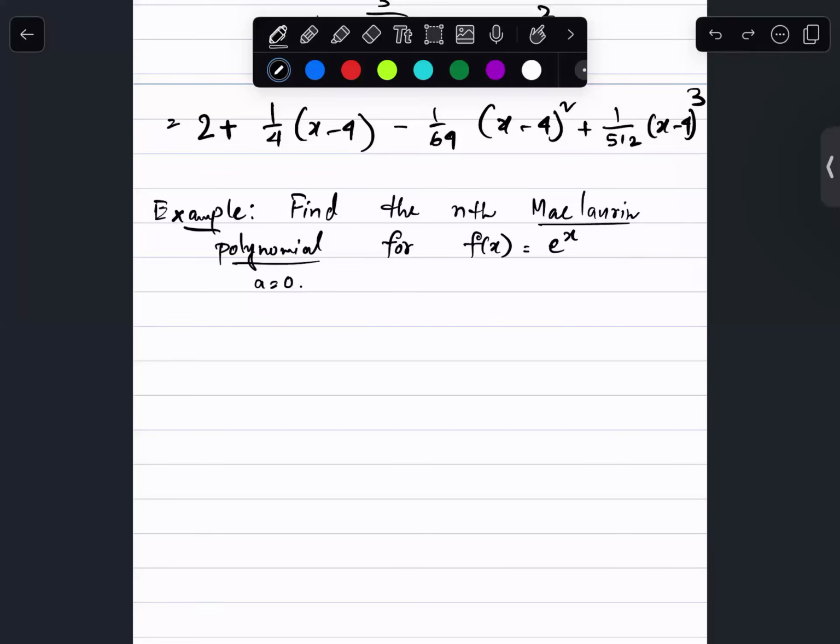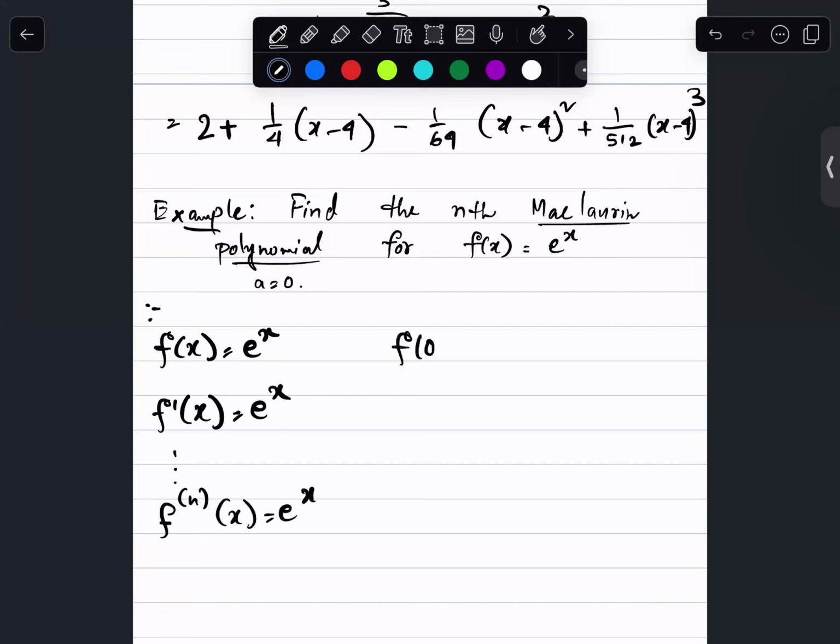So f prime of x will be again e to the x, and so on till the nth derivative of x is the same e to the x.